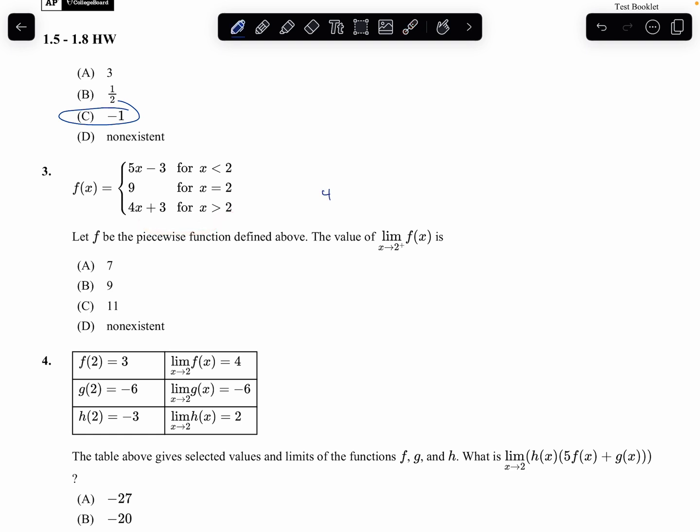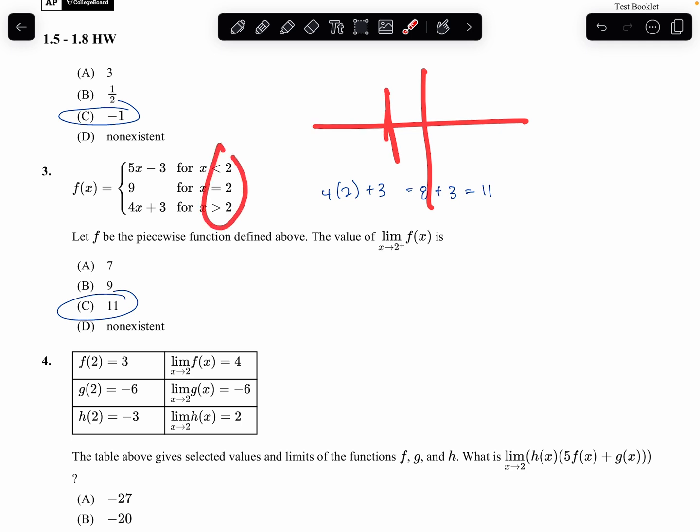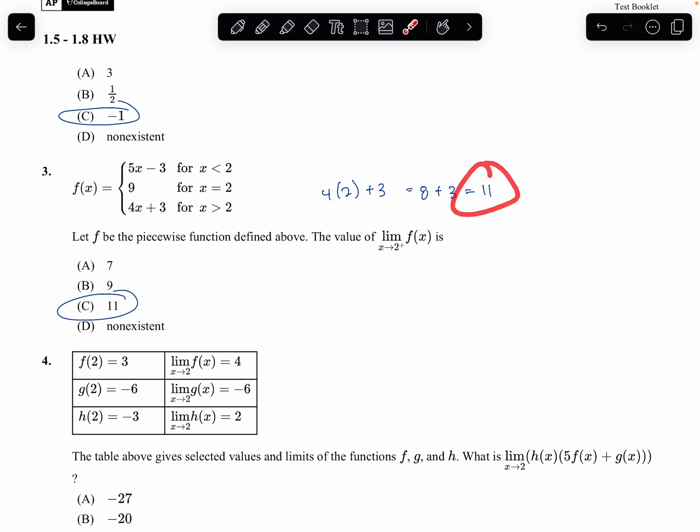So 4 times 2 plus 3, that's going to be equal to 8 plus 3, which is going to be equal to 11. Okay, so there you go. I'm also just noticing that the graph I drew, I was doing at -2, but it definitely was at +2. So sorry, I wasn't really paying attention. But in any case, it should be 11. Hopefully that makes sense. This is the only part that matters because I'm evaluating 2 from the right.